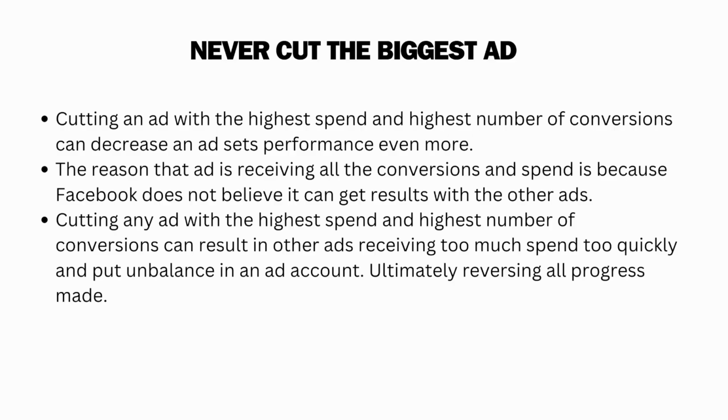That rule stays there, and this rule will override the previous one if it matches this condition: never cut an ad with the highest amount of spend and highest number of conversions. Because cutting an ad with the highest spend and highest number of conversions can decrease an ad set's performance even more.